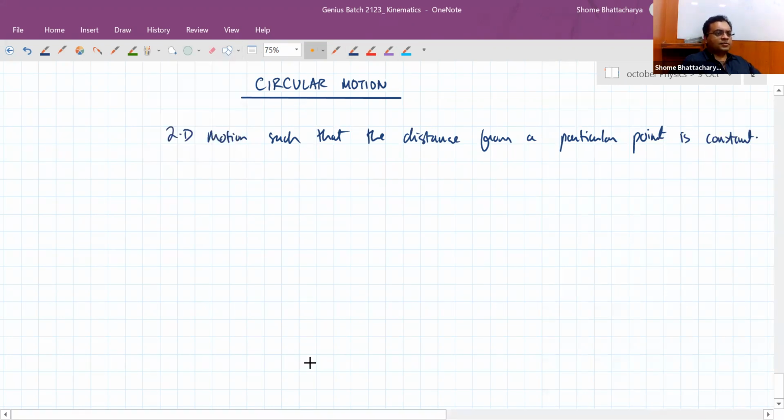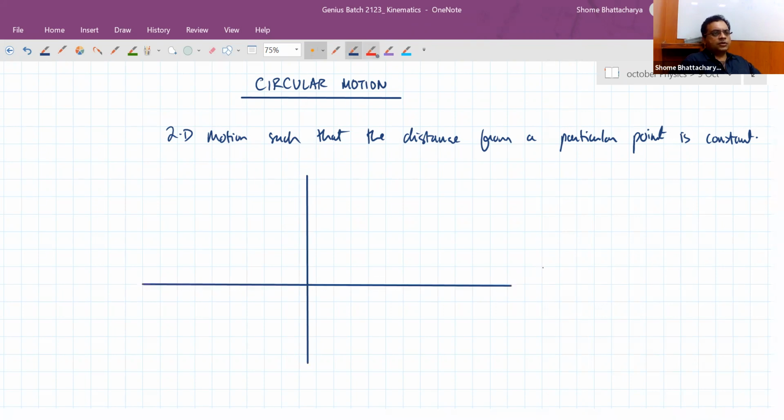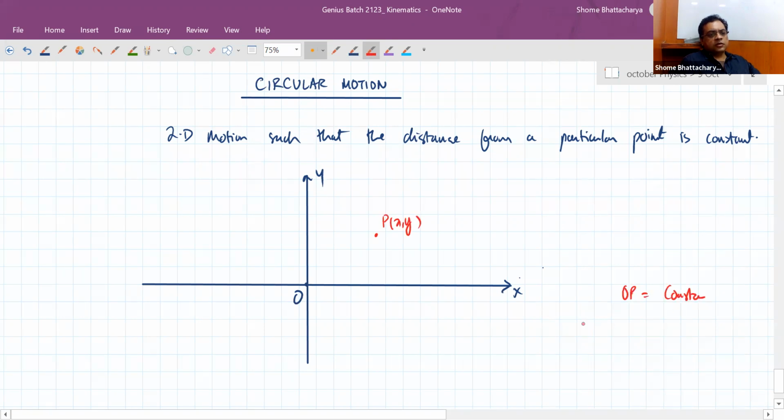So we know that mathematically that results in an equation. If we define the two-dimensional plane to be the xy plane, and the particular point from which the distance remains constant as the origin of our coordinate system, then the locus of any moving point such that the distance OP is constant means that the square root of x square plus y square should be fixed.